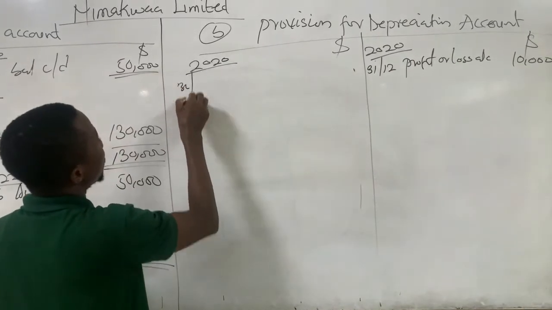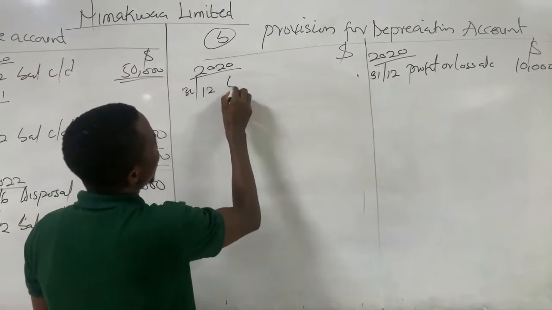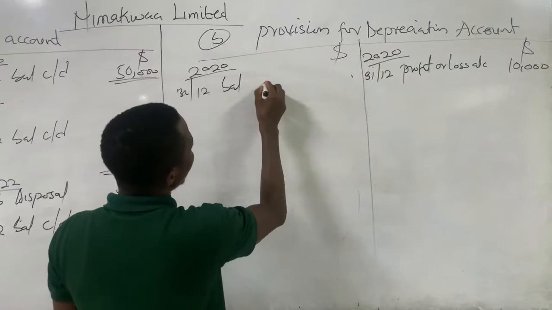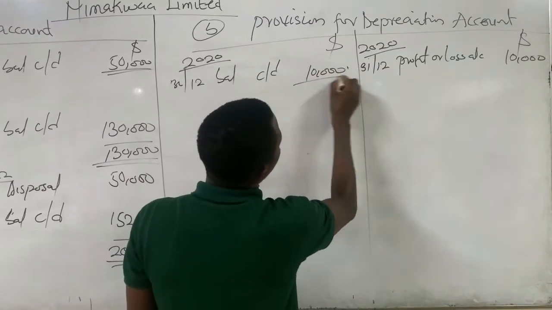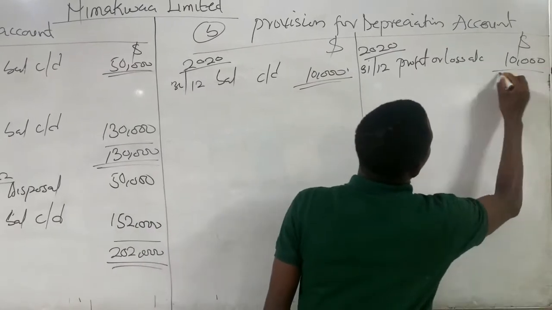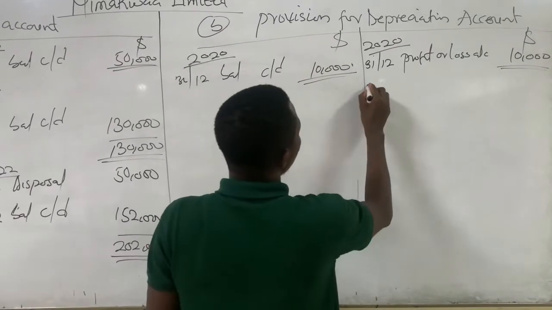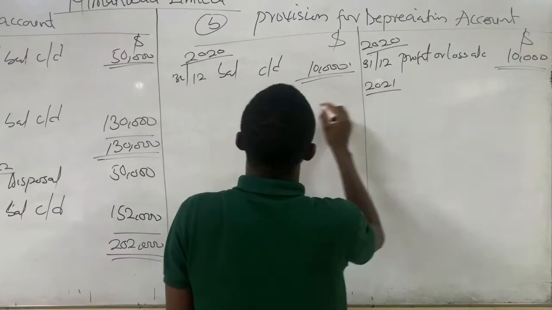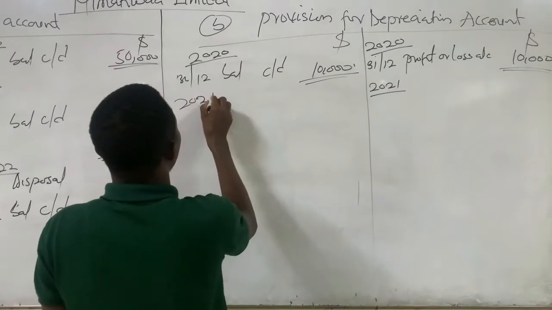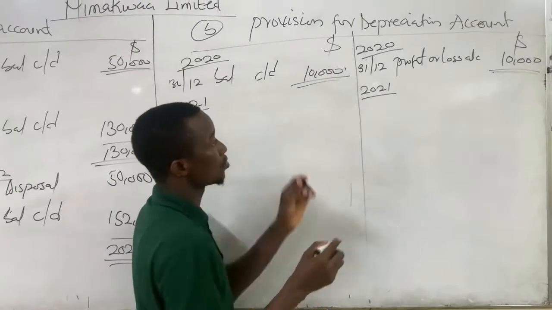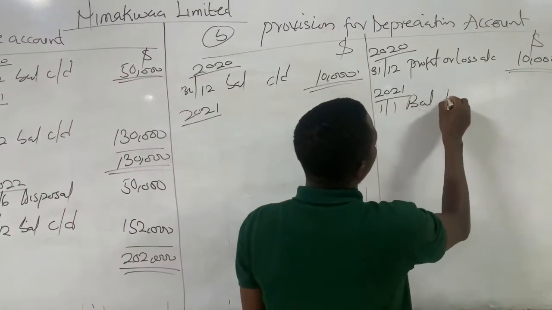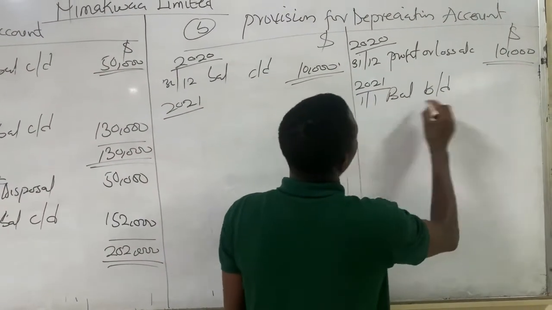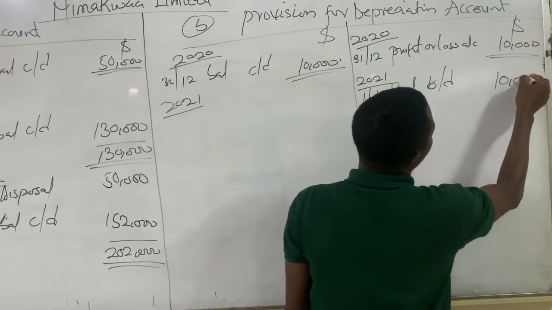That will be on the 31st of December, the balance carried down, and the same 10,000 we close up the account. And this will come to 2021. This balance carried down will come to 2021 on the 1st January as the balance brought down of 10,000.